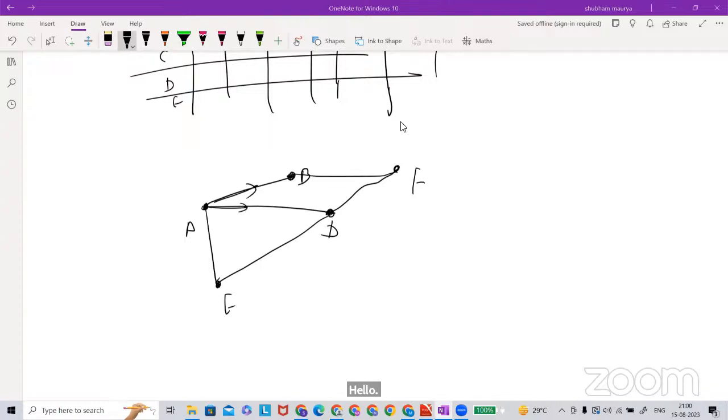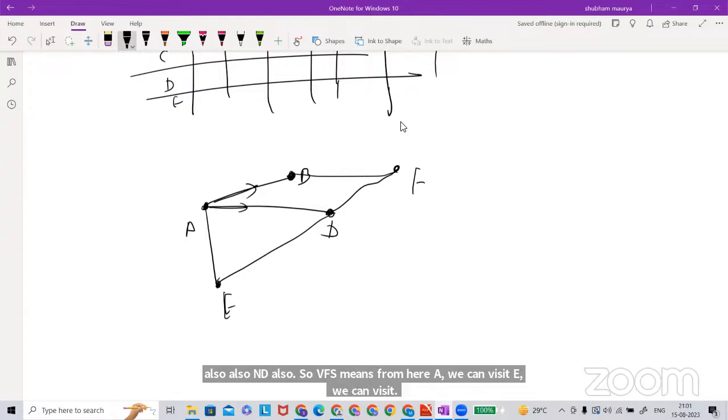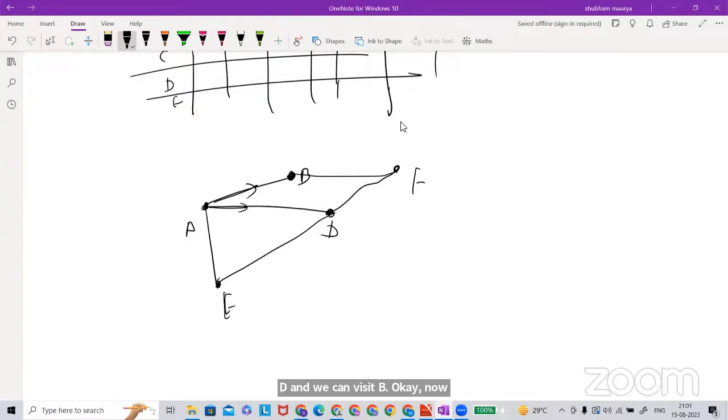So when we perform BFS, we have three choices. Here is what is called the visited thing. From A we can visit, like here you can think of a pipe, the vertices E, D, and B. So BFS means from A we can visit E, D, and B. Once we have visited, there is one more word, explore. Once we reach B, we explore B. From any one of the vertices we can go now.